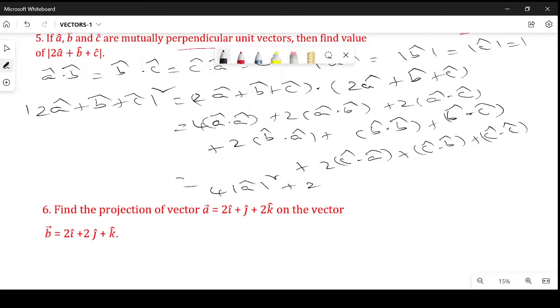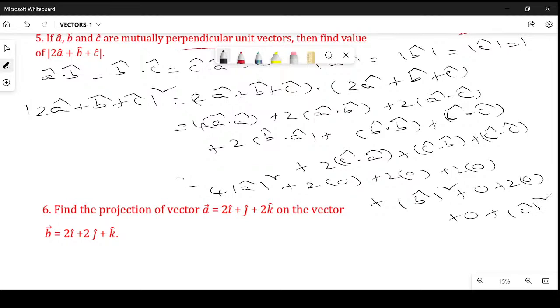This will be 2 into 0 because mutually perpendicular vectors, and plus 2 into 0, plus b cap dot b cap, which is mod b cap whole square, and the other terms will be 2 into 0, so they are also 0, plus mod c cap whole square. Now you can check the value.